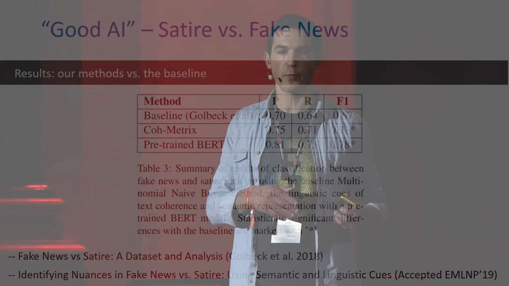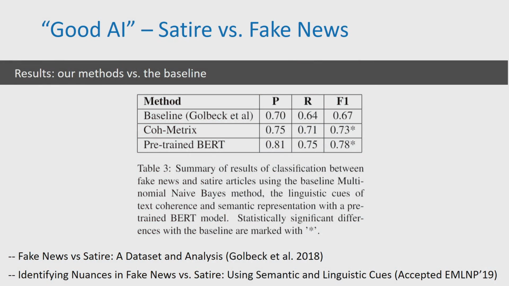And as a separate method, we used BERT to try to capture the semantic representation. When we compared it to the baseline, you can see both of these methods actually perform better than the baseline. But what is interesting, you see BERT is achieving the highest performance. But you know, there's a lot of talk nowadays about explainable AI, right?